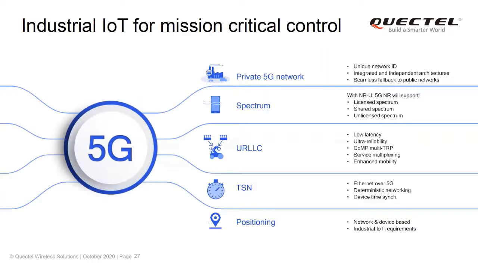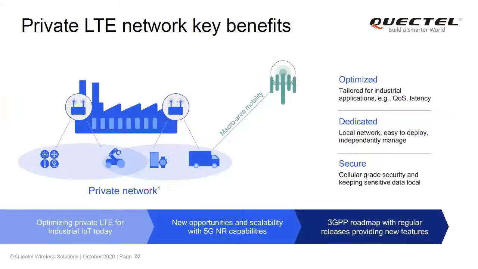What is industrial IoT for mission critical control? There are more areas like private 5G networks, spectrum sharing, URLLC, time-sensitive networks, and positioning. I will only cover some of them, which I think are more important for now.